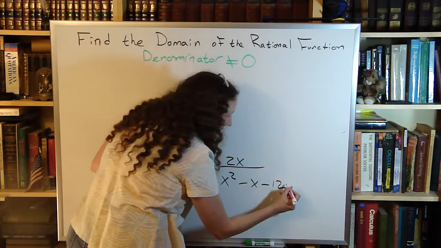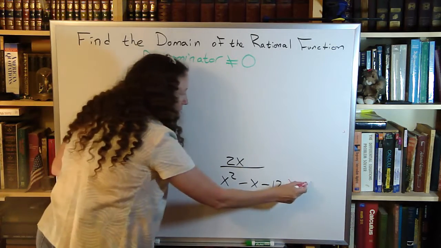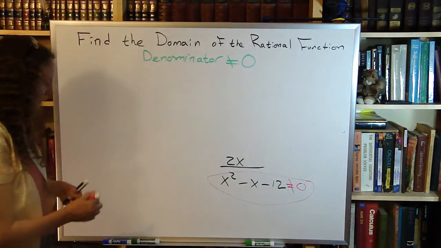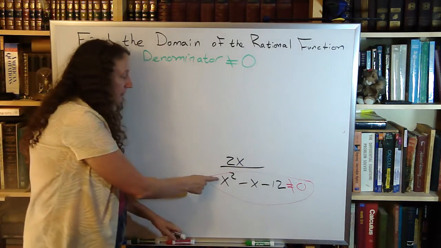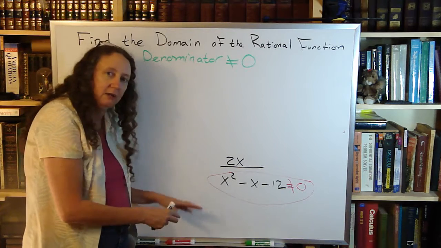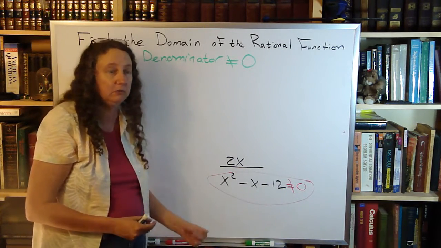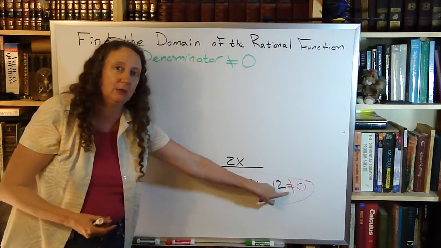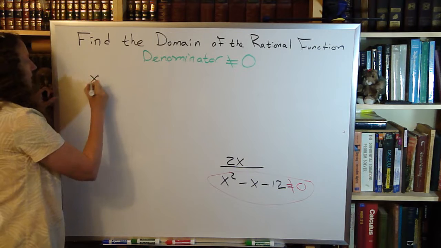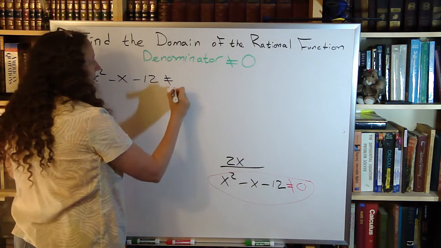So this cannot equal 0. I'm only looking at that. The problem with this is I have a quadratic, so I have to factor that. I have to solve this as though it were a quadratic that does equal 0. But I'm going to keep the does not equal sign there.